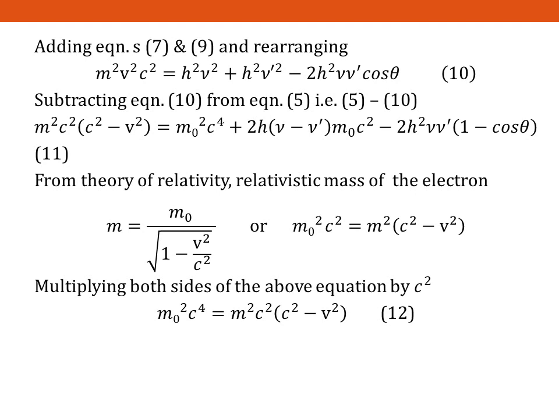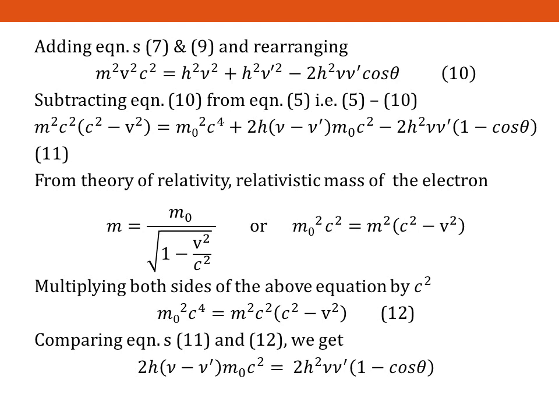We now compare equation 12 with equation 11 and we have 2h(ν − ν′)m₀c² = 2h²νν′(1 − cos θ).